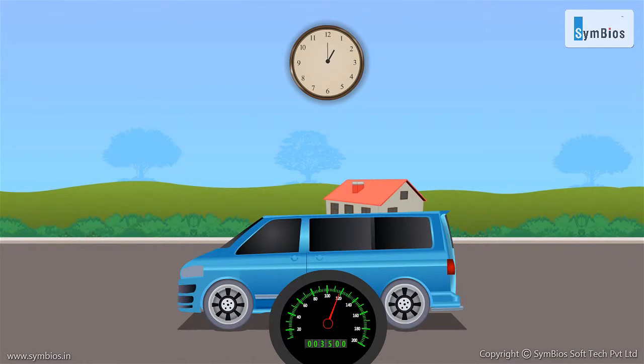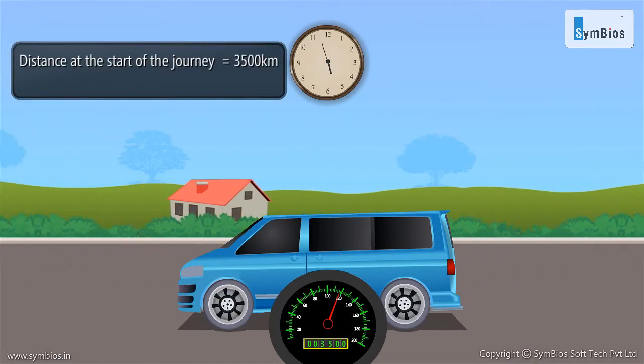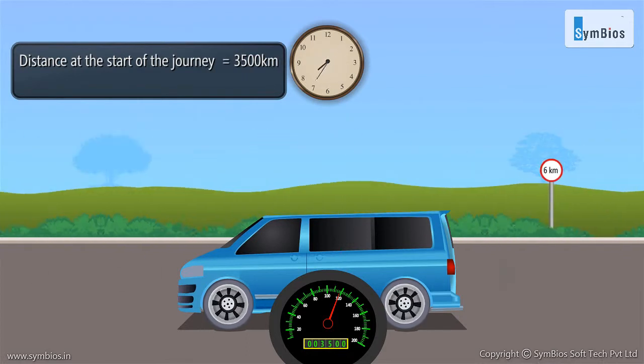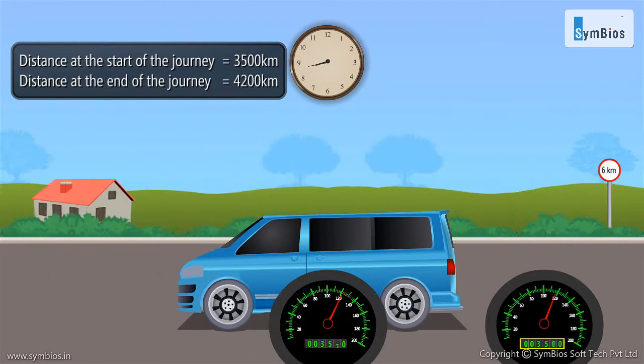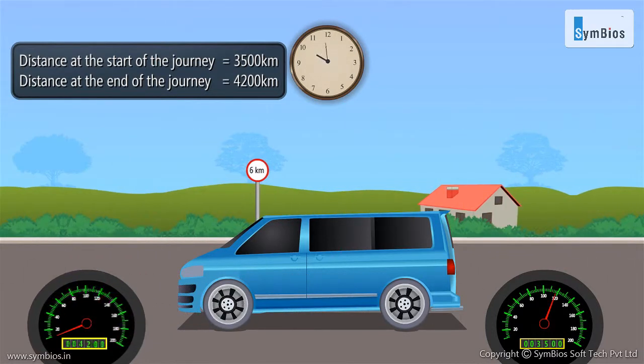Example: the odometer of a car reads 3500 km at the start of the journey and 4200 km at the end of the journey. If the journey took 10 hours, let us find out the average speed of the car in kilometers per hour.